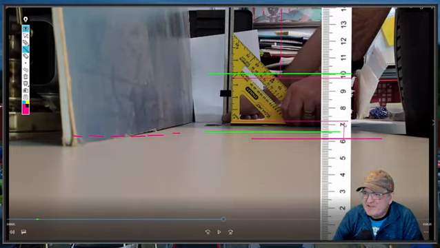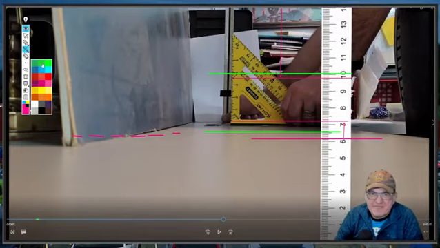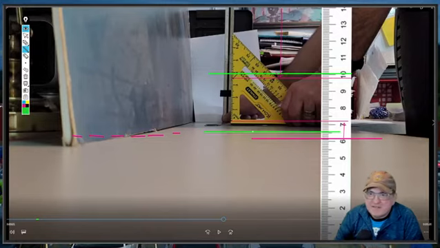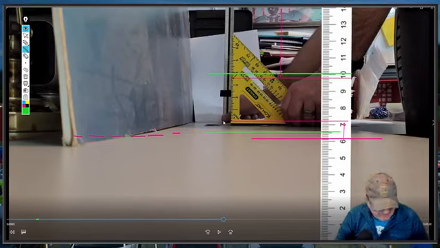And now if we measure the mountain, which was green, the bottom of the mountain is here. And the top of the mountain is here.